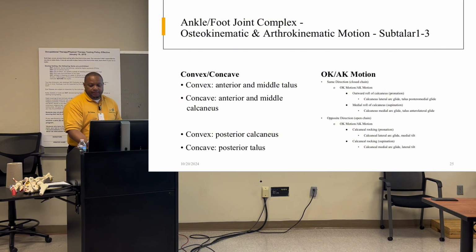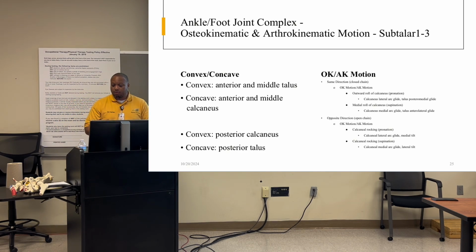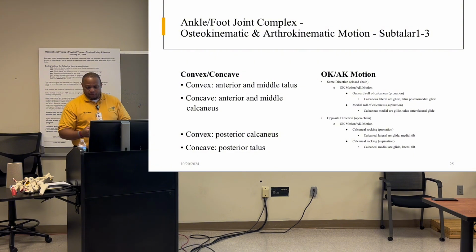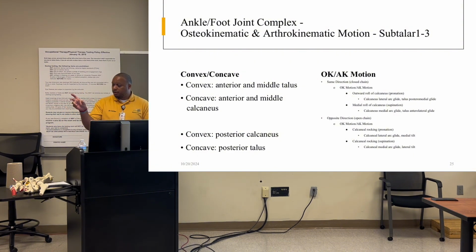So in the opposite direction with the open chain position, with pronation, there's going to be a calcaneal rocking with a calcaneal lateral arc glide. Okay, that's going to result in a medial tilt. So my calcaneus is going to glide laterally, and the tilt is going to create a medial tilt.